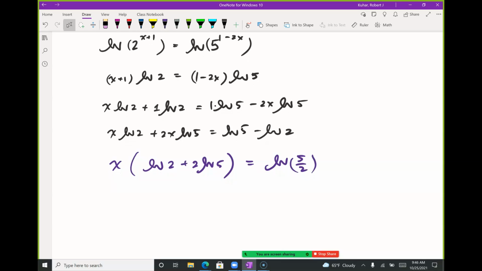I can see this 2 ln of 5 would become what? ln of 25. There's my 5 squared. I skipped a step there, but make sure you see it. That 2 is a coefficient of an ln, so that 2 can go in as an exponent to the argument.